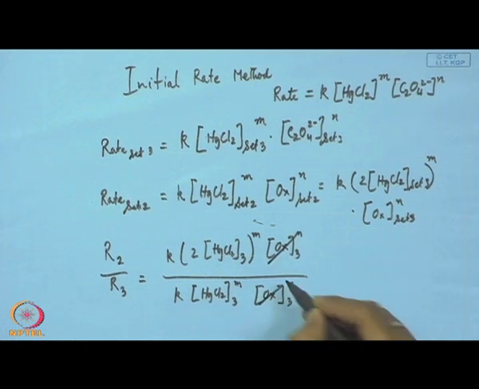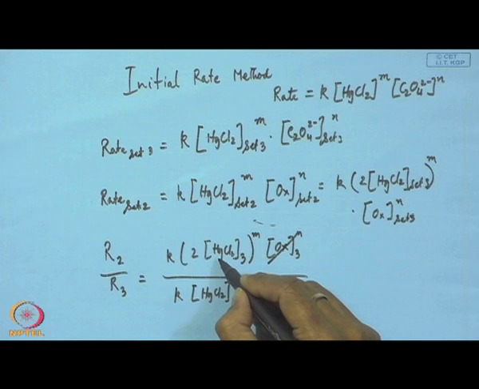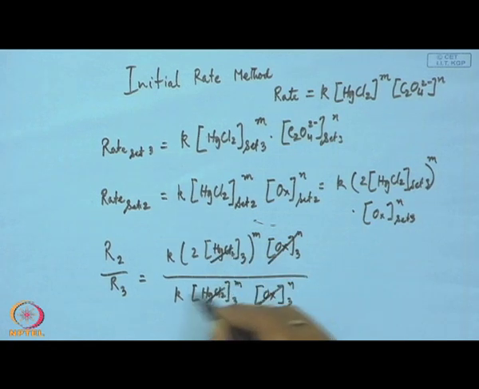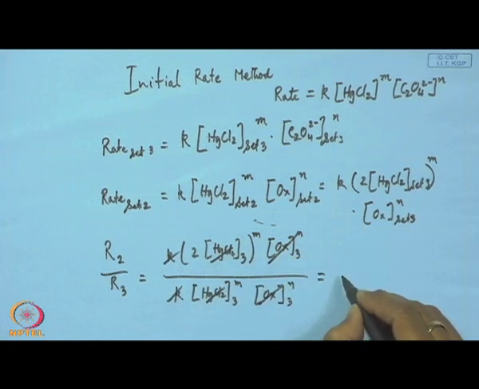So, these two will cancel, again these two will cancel, K will cancel. So, this will give you 2 to the power m.